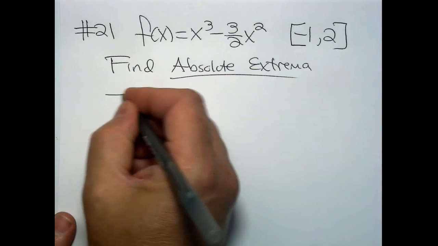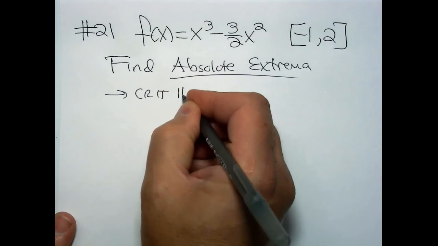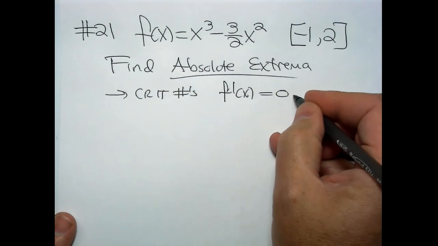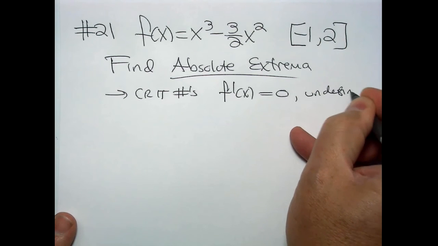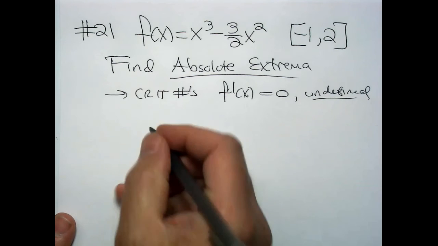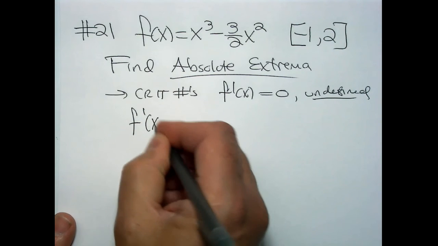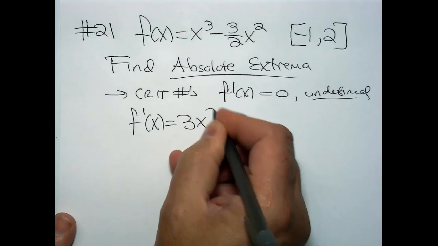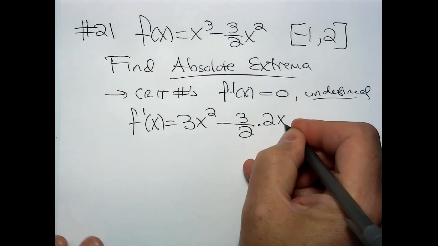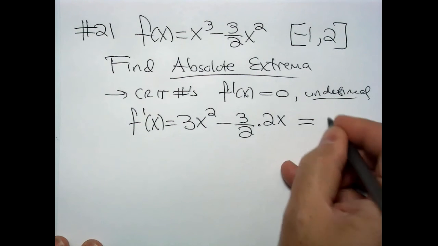First thing is, let's get our critical numbers out of the way first. Remember, critical numbers are discovered by setting f prime to 0 or undefined. But also, if you do the undefined one, make sure that f of x is defined. Well, I don't think we need to worry about undefined on this problem. This is 3x squared minus 3/2, and the 2 drops down, and I get a 2x, and we want that all to be equal to 0.